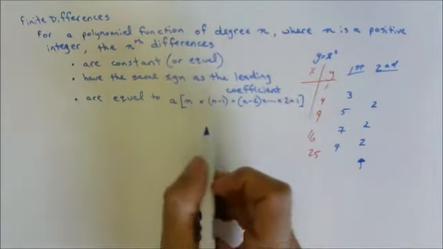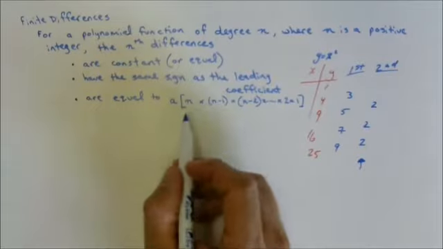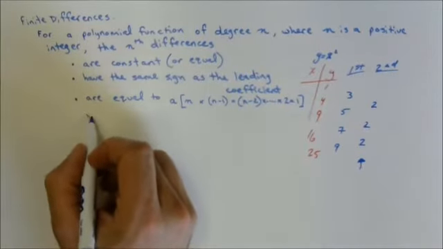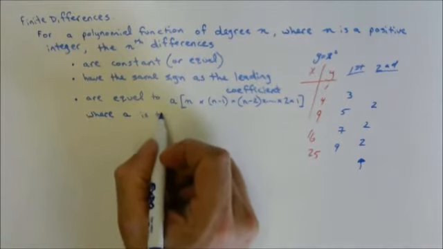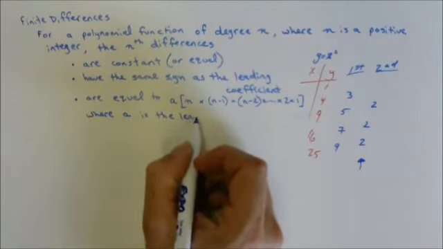Close that square bracket. I'll explain what this is in a second, where a is the leading coefficient.